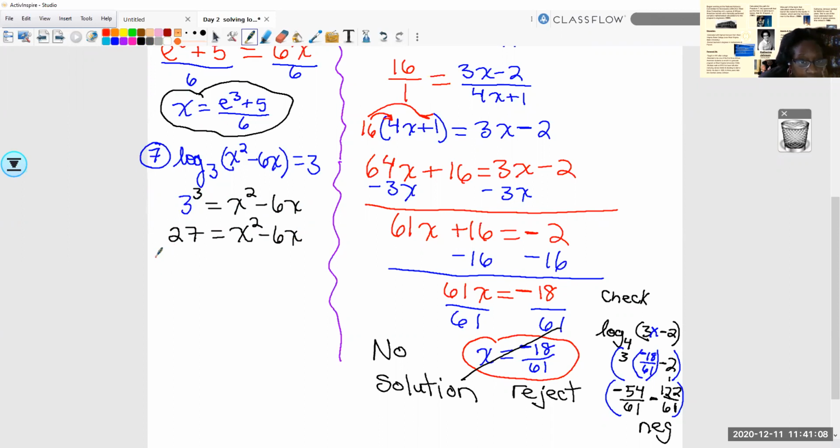Set that quadratic equation equal to 0, making sure the x squared term is positive. And then how do you solve quadratic equations? That's right, ladies and gentlemen, factor. You're going to have a plus and a minus.